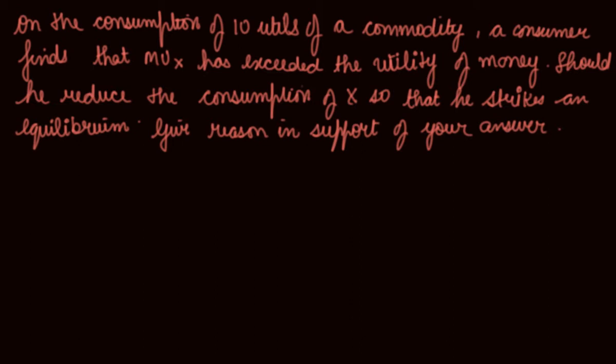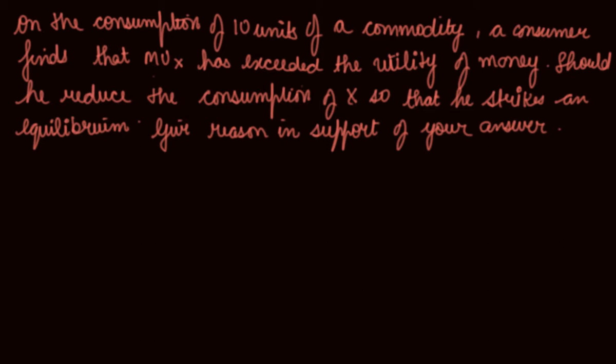Now what this question is saying, that on the consumption of 10 units of a commodity, a consumer finds that MUX has exceeded the utility of money. Sorry, this is not utils, this is units.